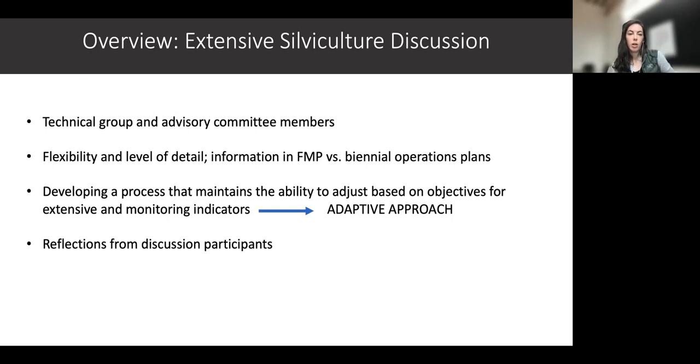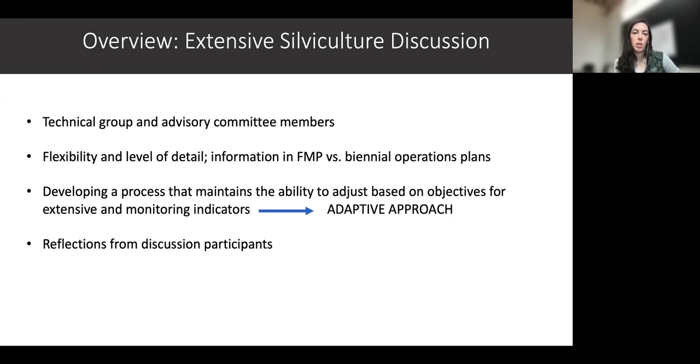There was input given from different members of the advisory committee, as well as OSU, about level of detail in the experimental design in the forest management plan versus flexibility needed, and what information would be most appropriate in a forest management plan versus a biennial operations plan for this type of a research forest, which is unique.